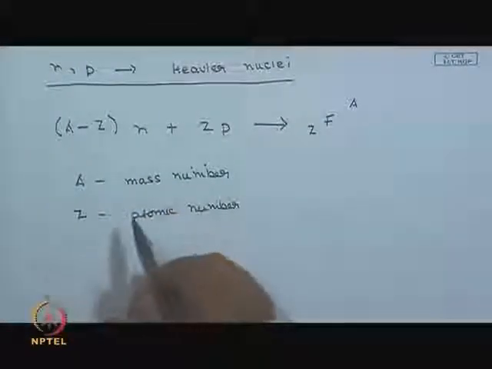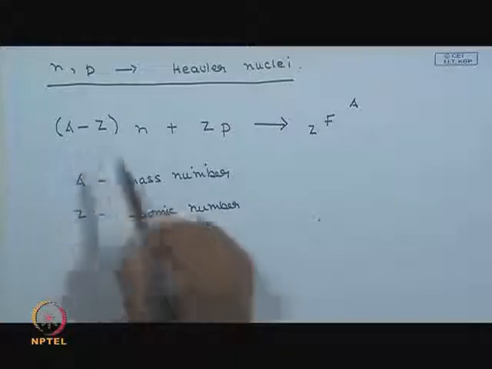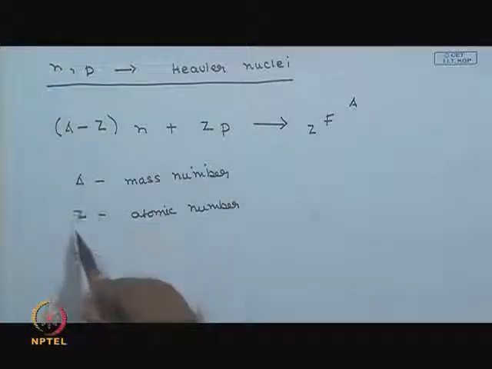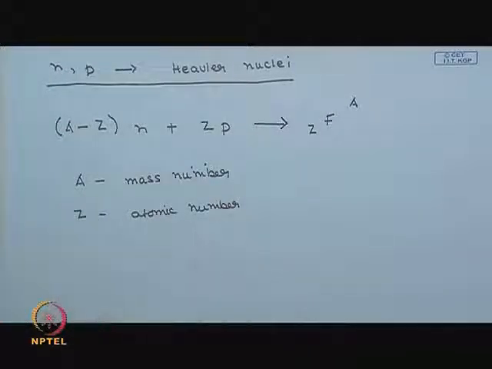In the next class, we shall consider the possibility that the neutrons and protons fuse together to form heavier elements of atomic mass number A and atomic number Z.